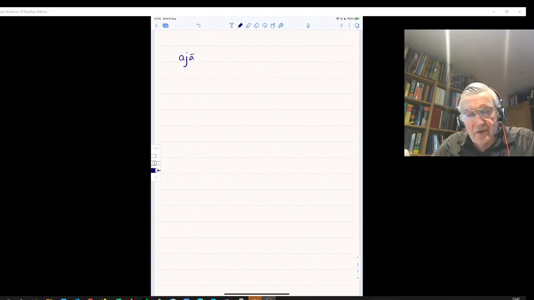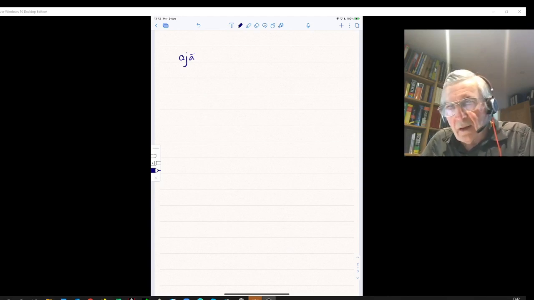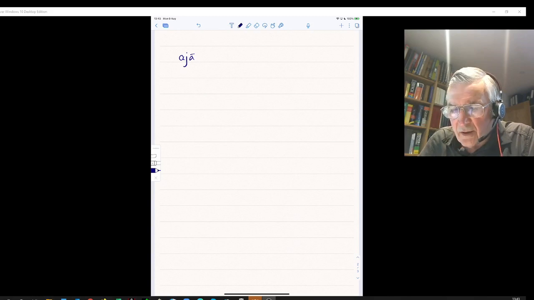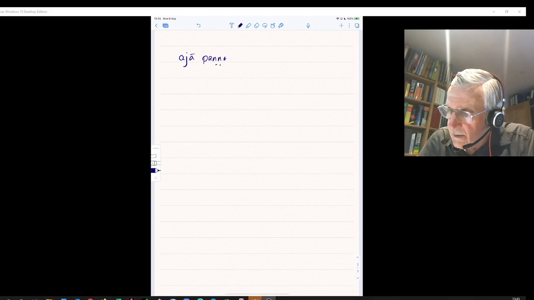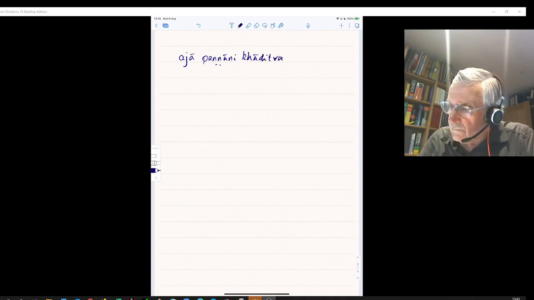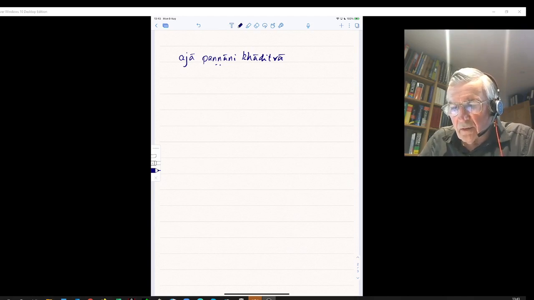So aja, let's use it with the absolutive first. So the goats, having eaten leaves, just put in the Pali order now, banani kaditva, wander in the park. We'll put that in the end.